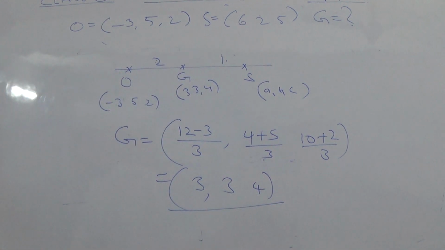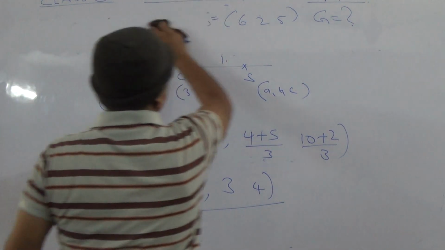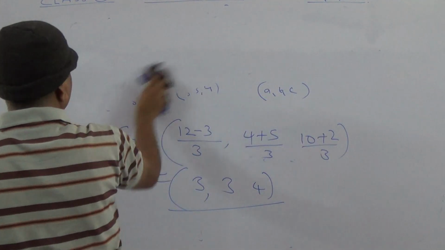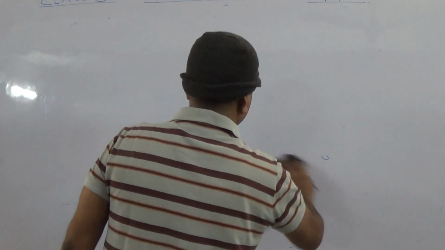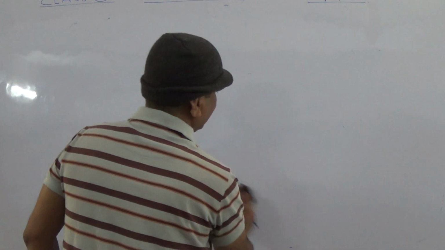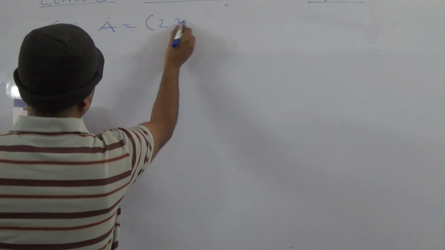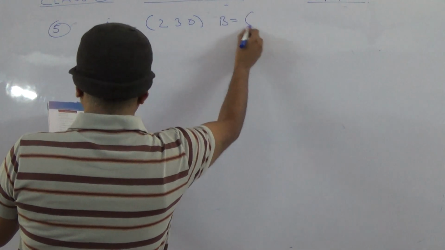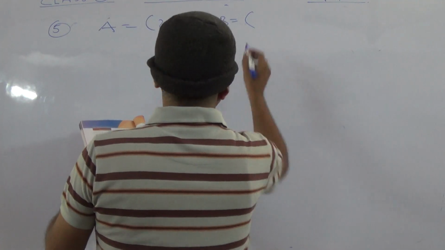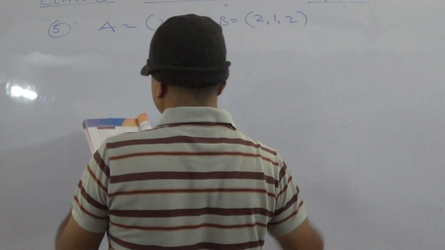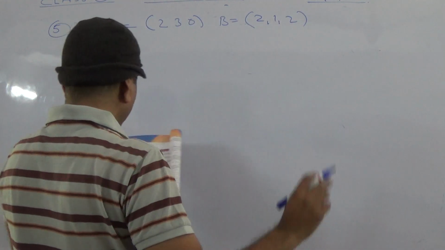Next one. Okay, next problem, the fifth one. A is equal to (2, 3, 0) and B is equal to (2, 1, 2), two points.